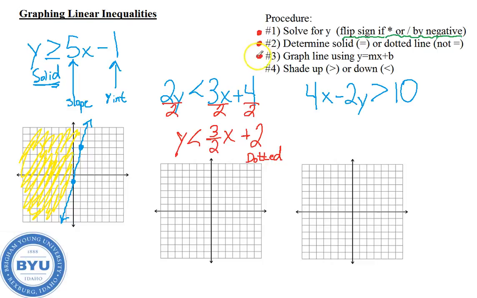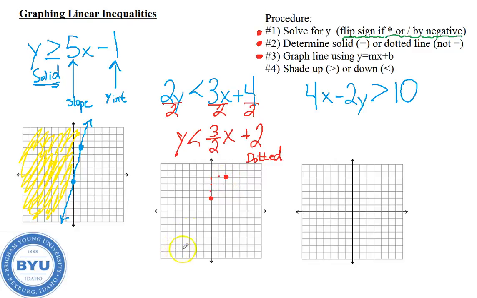So now let's graph the line. My y-intercept is plus 2, so that's right here on the y-intercept. And my slope is 3/2. So remember, slope is rise over run. I'm going to rise 3 and run 2.